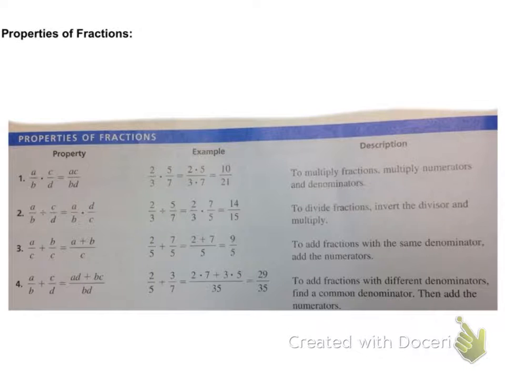Multiply just across, right? So A times C is in the numerator, B times D is in the denominator. If you don't want to copy all that down, make sure you say, when multiplying fractions, you multiply across.